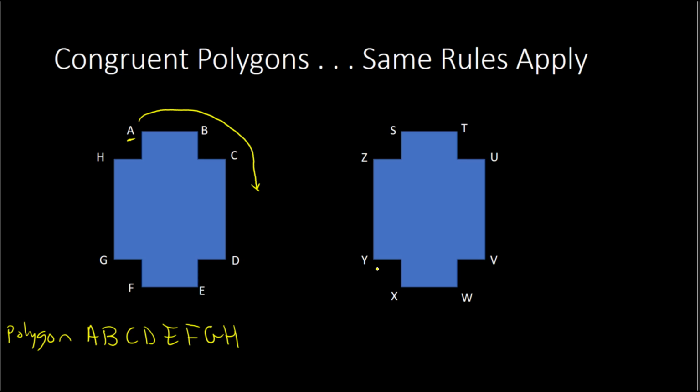And then over here, make sure that we start at the same place. So A corresponds with S. And then we make sure all the letters that correspond go in the same order. If we start here at S and go in the same direction as we did on the other one, we should be good to go. So polygon ABCDEFGH is congruent to polygon, and then the letters S, T, U, V, W, X, Y, and Z. So we just write out all those letters.